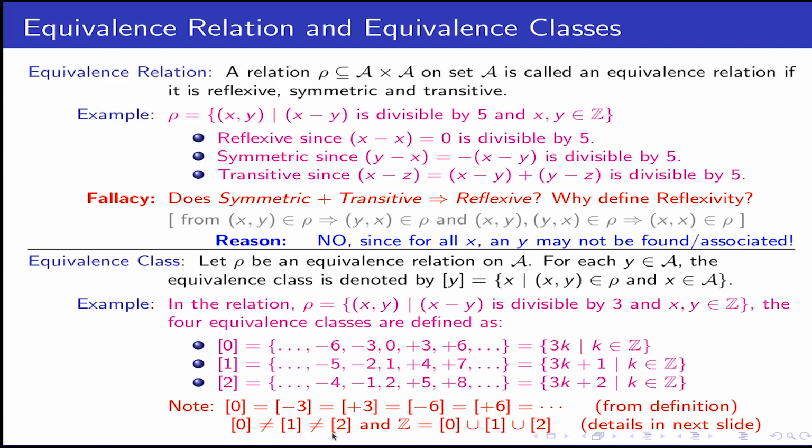So each class will be disjoint, meaning there is no overlap of elements. And every element of the set Z comes in some class. Therefore the set Z is nothing but the combination of the elements in every class: the first class union the second class union the third class gives me all elements of Z, because each element is put somewhere. The first thing comes from the definition of an equivalence class. The second thing needs a proof of the disjointness and the union being the same. We will do it in the next slide.